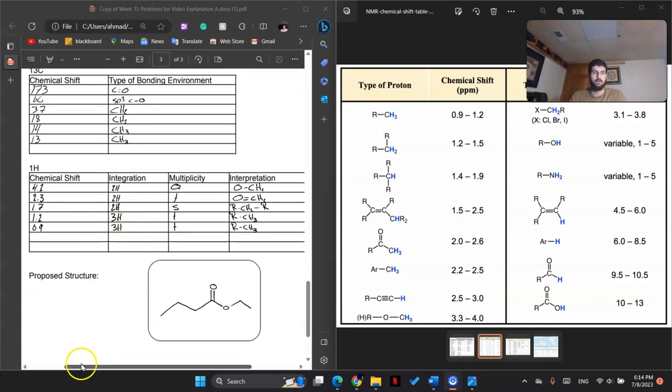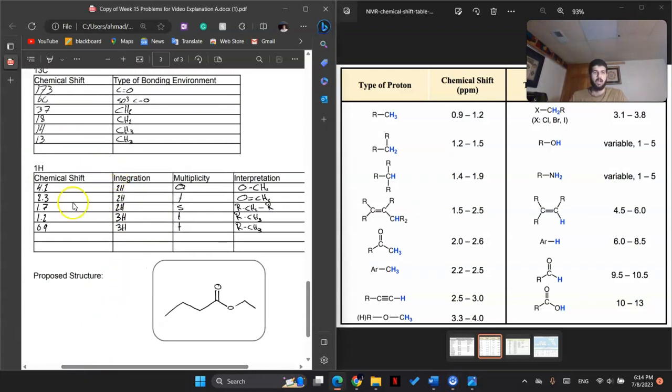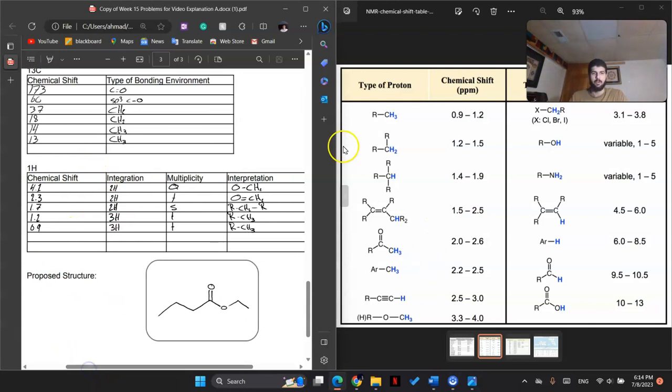Lastly, I wrote down the chemical shifts, which have further approved my conclusion from the previous two tables of having a C single bonded to an O, and a hydrogen that is bonded to a C that is single bonded to an O.